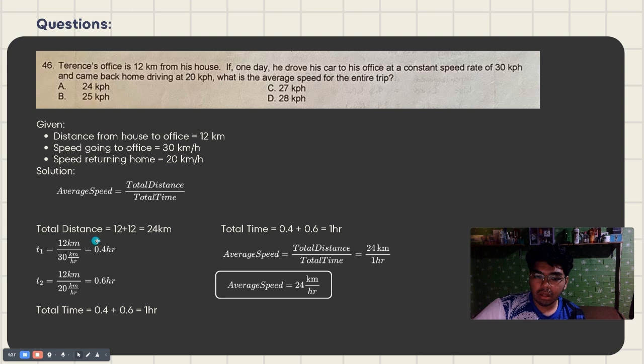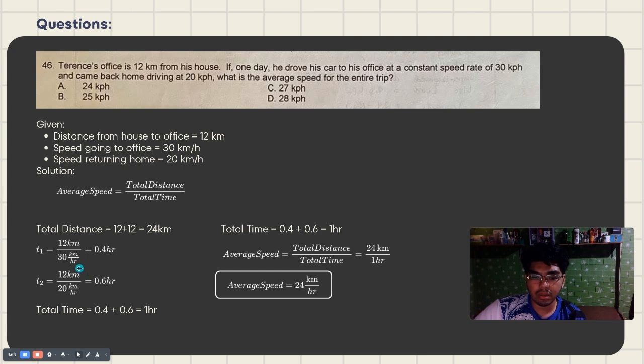To get the total distance, we will add 12 kilometers plus 12 kilometers, it's back and forth. So it will be equivalent to 24 kilometers.